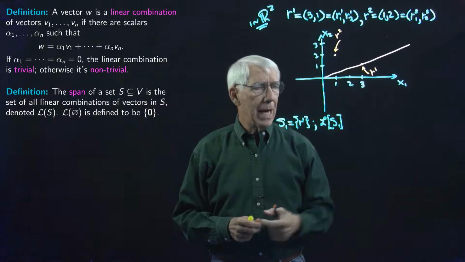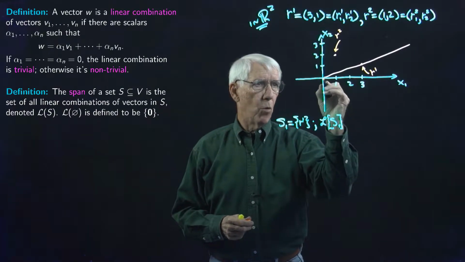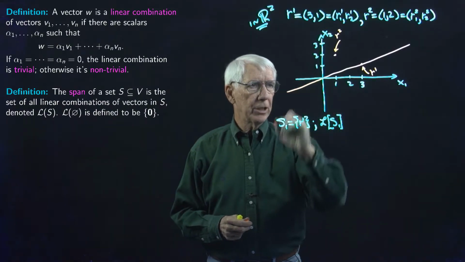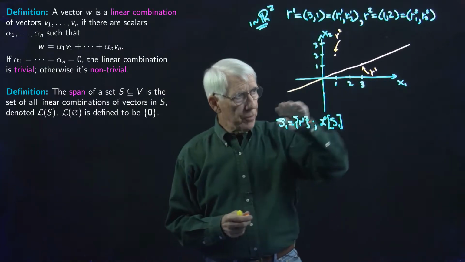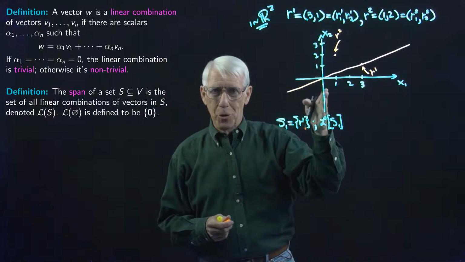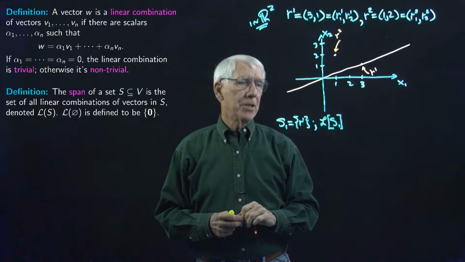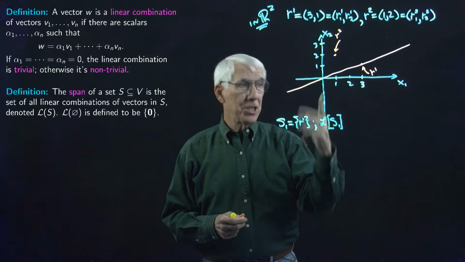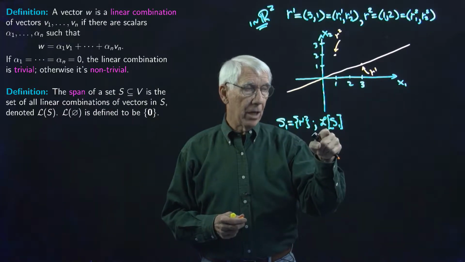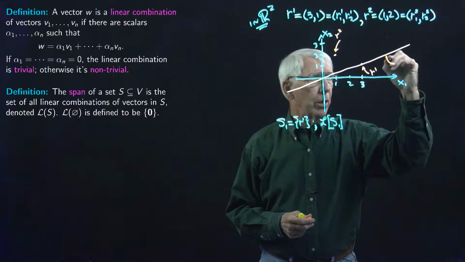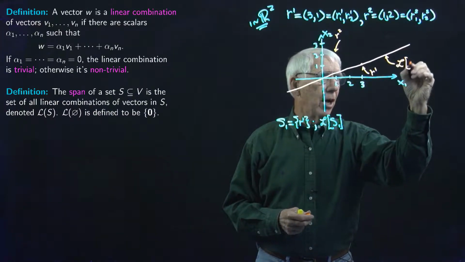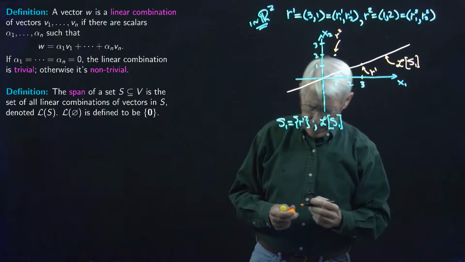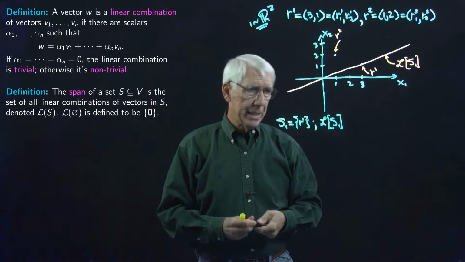So that's all the positive multiples of R1, and then of course it goes on in this direction, the negative multiples of R1. So this line through the origin is the set of all linear combinations of a single vector. So it's L of S1, and let's point that out here. This is L of S1.